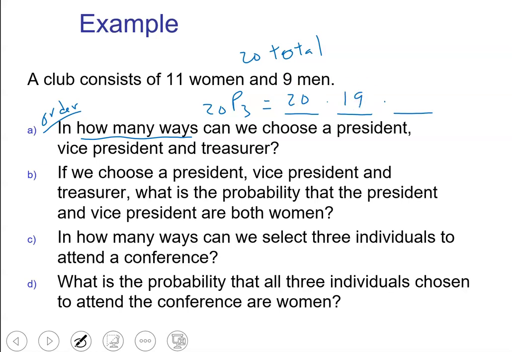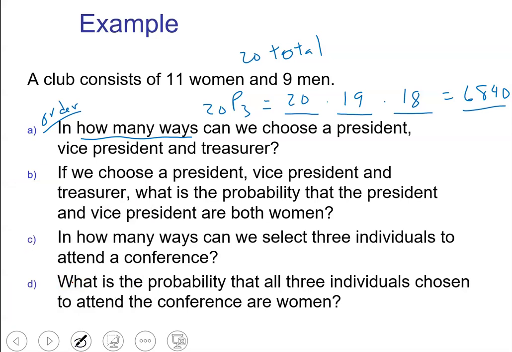I chose somebody, now I have 18 options for the treasurer. Realize these are exactly the same thing. Whether I do 20 times 19 times 18 or 20P3, that should give me 6,840. If you are having calculator problems with that, please just let me know. It's either arithmetic here, or the permutations function under the math probability menu in your calculator.